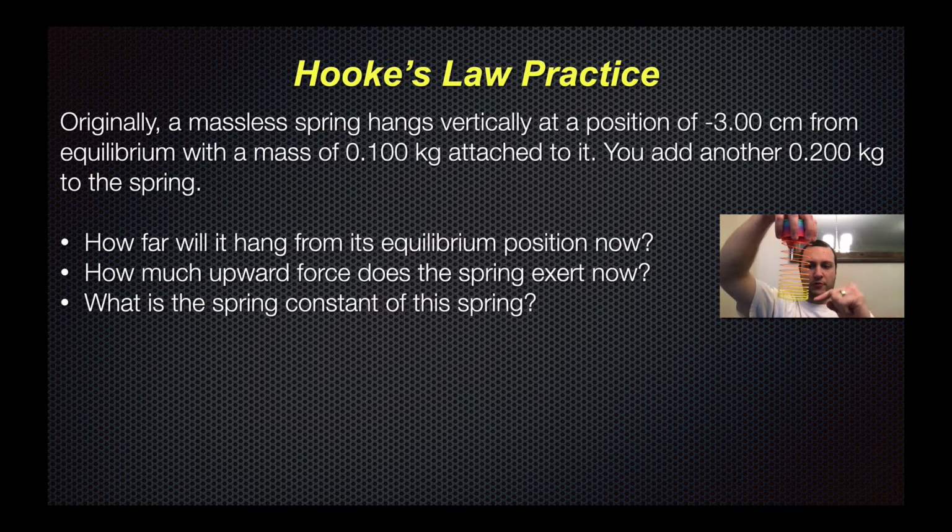It's going to stretch so far to its natural position. So negative 3 centimeters would mean that I've stretched it 3 centimeters down from equilibrium by adding that mass. I then add another 0.2 kilograms, which will make it stretch more. So the first question, how far will it now hang from its equilibrium position?